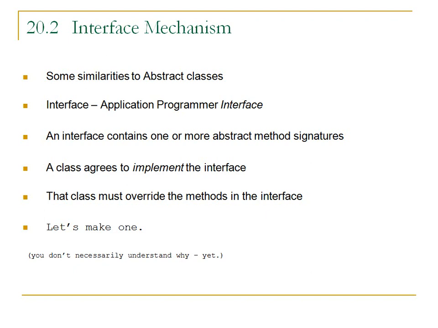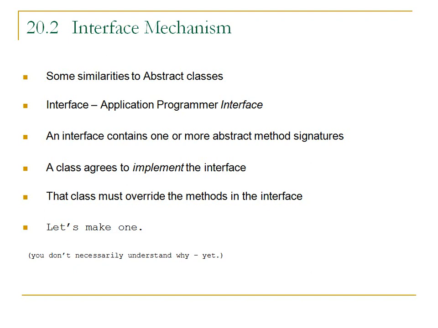And a class then would agree to implement that interface, and that would mean to provide an implementation for those abstract method signatures. When a class agrees to implement an interface, that class must override the abstract method signatures that are defined in the interface.